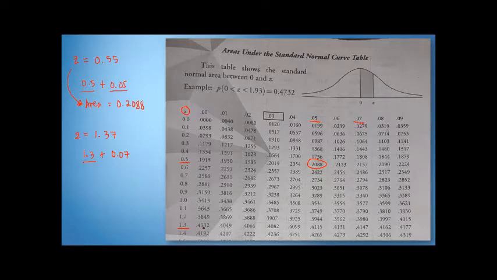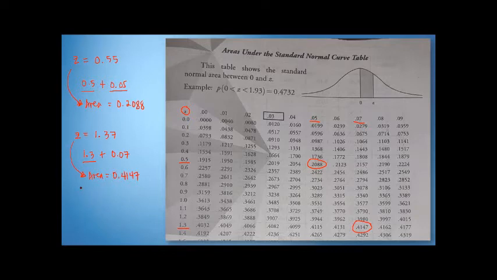Then, baybayin ulit natin pakanan to. Yan. And then, yung 0.07, baybayin naman natin pababa. Yung intersection nila, so that is the area. So, again, ang area nito ay 0.4147. So the area of z-score 1.37 is 0.4147.